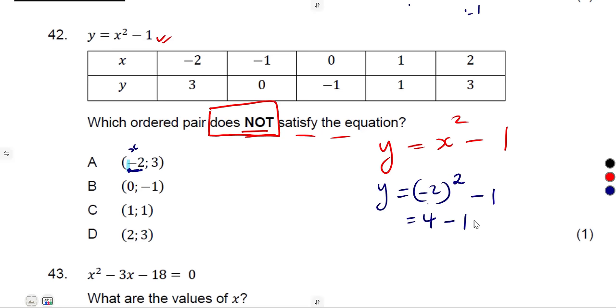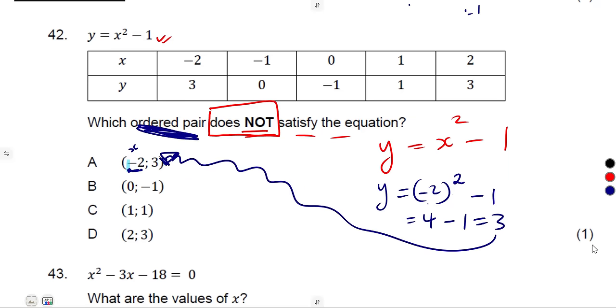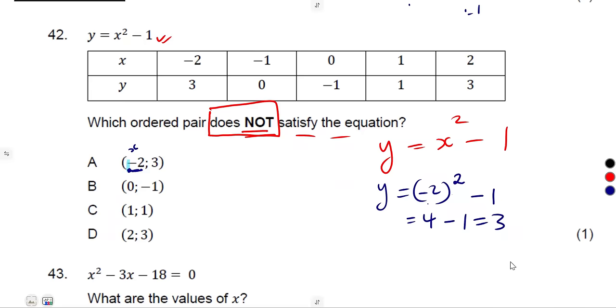So 4 minus 1 is 3. Exactly the Y value on that ordered pair. Guys, the pair consists of X and Y. For the X value, I have the Y value, exactly the 3 that I have here. So this is correct. Move on to B.